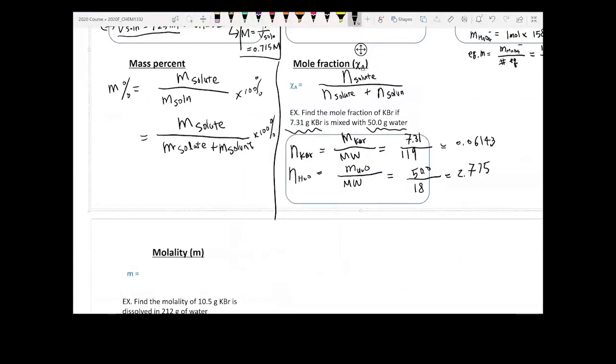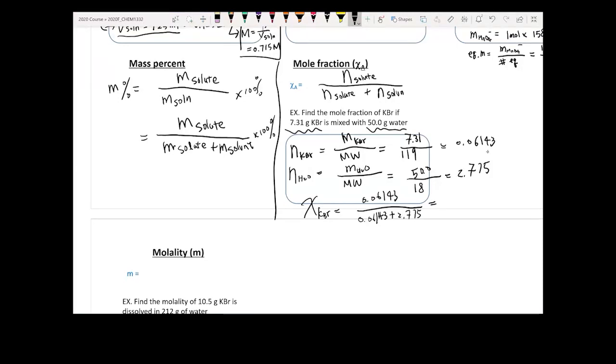Then you can calculate the mole fraction of your KBr, which equals the number of moles of your solute, 0.06143, divided by the sum of these two, 0.06143 plus 2.775.